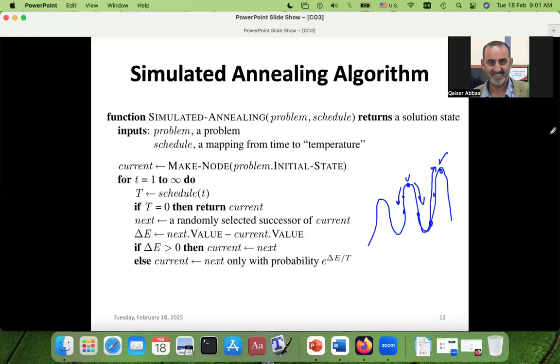Hill climbing was not allowing this downward direction. It was only going in the upward direction. But this simulated annealing algorithm allows moving in the downward direction, according to some probability value which is slightly less than 1.